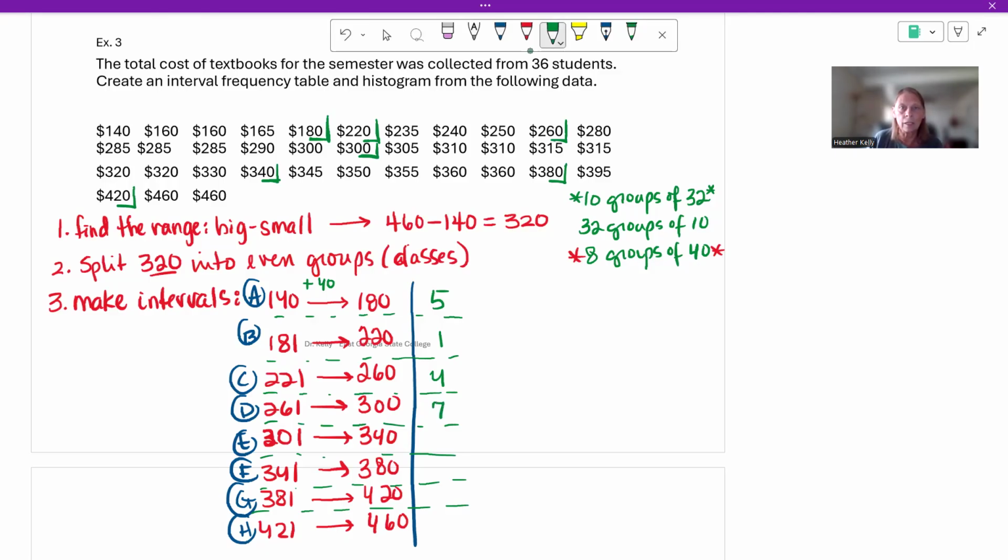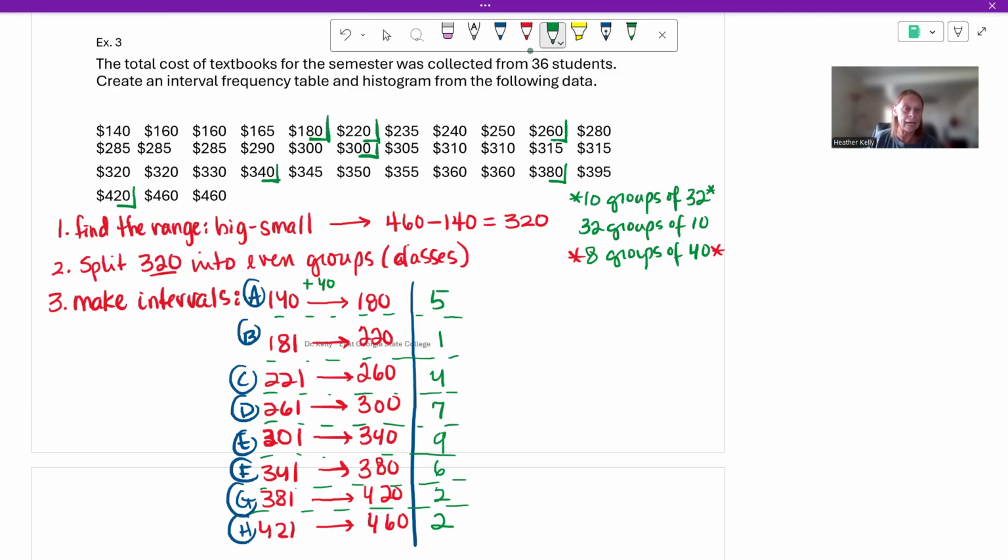Couldn't keep my eyes on that. 301 to 340, 4 and 5 is 9. 341 to 380 is 6. 381 to 420 is 2.